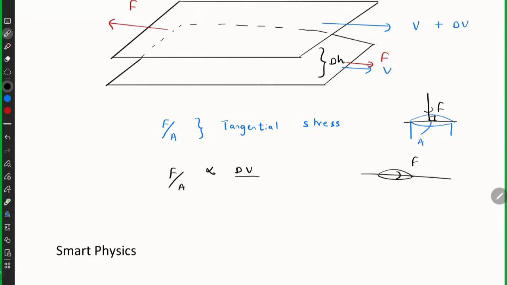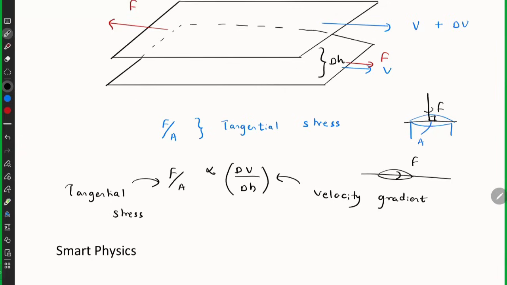That velocity difference we divide by the height difference. This is what we call the velocity gradient. So this is the tangential stress.